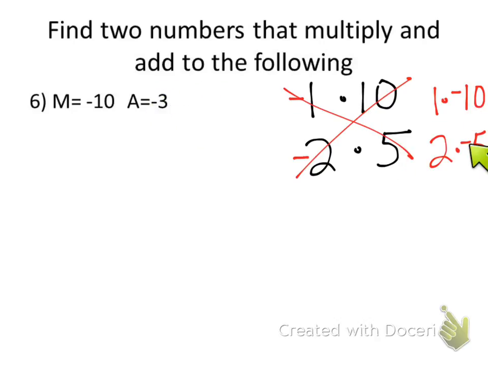Does either of these give us a negative 3 when we add them? 2 and negative 5. Remember, adding two numbers with different signs is more like subtraction. You subtract the numbers, keep the sign of the larger number. So again, the only way to get a negative is if the larger one is negative. And in this case, it's 2 and negative 5.